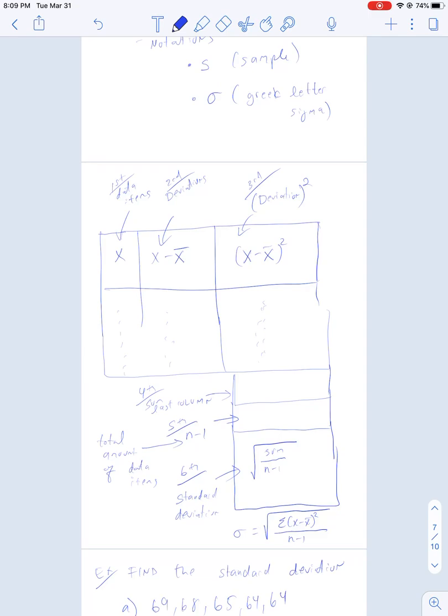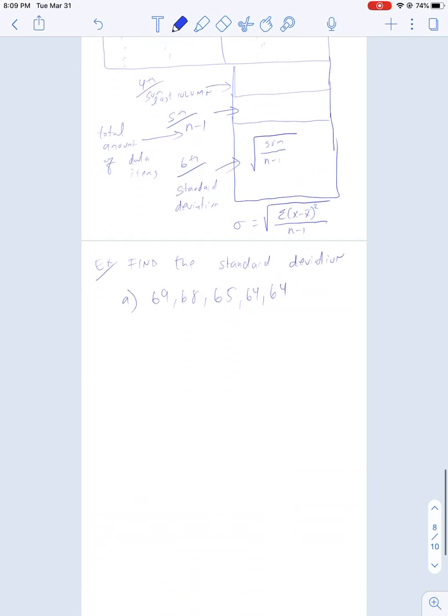So, in order to use this table, first thing is our data items. Second is the deviations. But in order to find the deviations, we need to know the mean. So that's really what we need to do first beforehand.